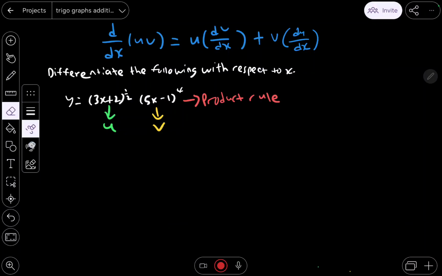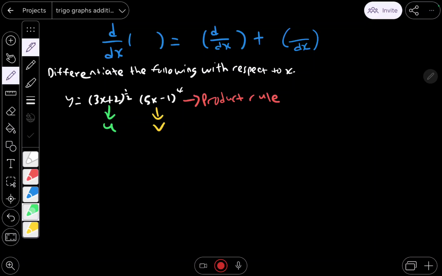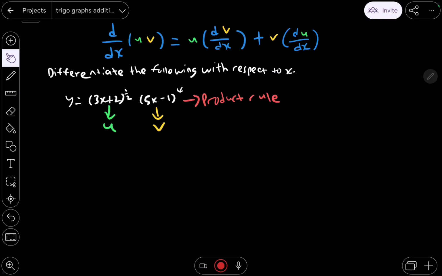For better clarity, I will kindly change the letters as well, so it will be easier to identify. Alright, I hope it looks clearer now. So let's start with our product rule.